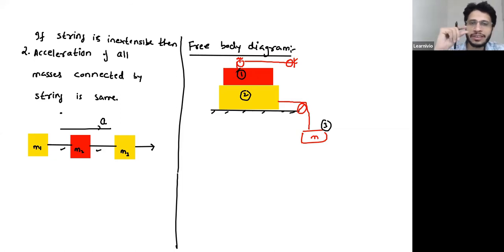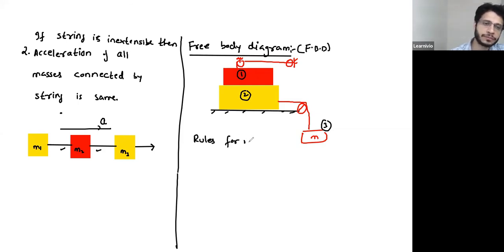To draw these masses separately is known as a free body diagram. Free body diagram means you free the body from the system and then solve it. This is also known as FBD of the system. So there are certain rules for making FBD. The first rule is to isolate the body from the system.